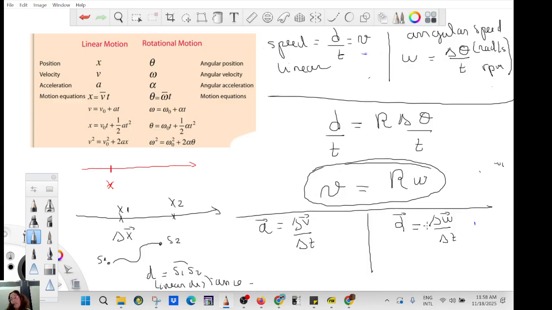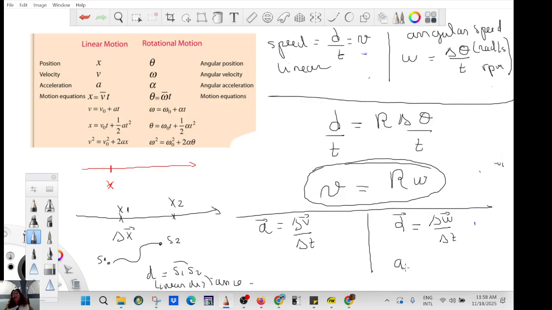And see here, now I'm using a vector notation. Why? Because to get an acceleration, we need a torque. So my point is that the acceleration here also has a direction, and I'm going to show you why. But do you agree with me? Now you have the angular acceleration, and it's equal to delta omega over delta t.